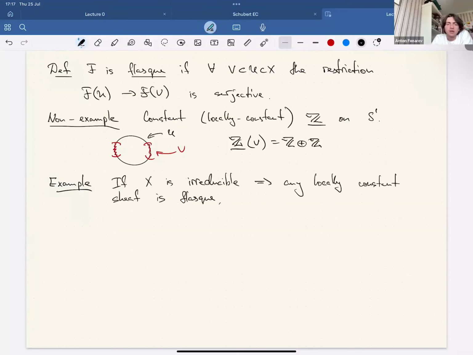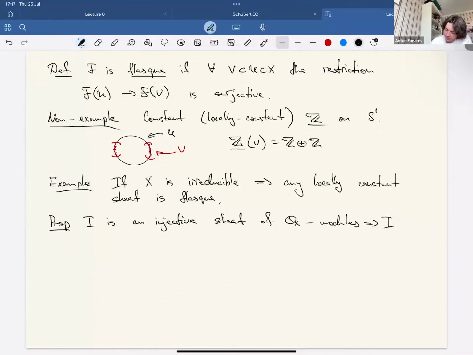So here is another example, and this is a sort of proposition. Proposition: if I is an injective sheaf of O_X modules, then I is actually flask.